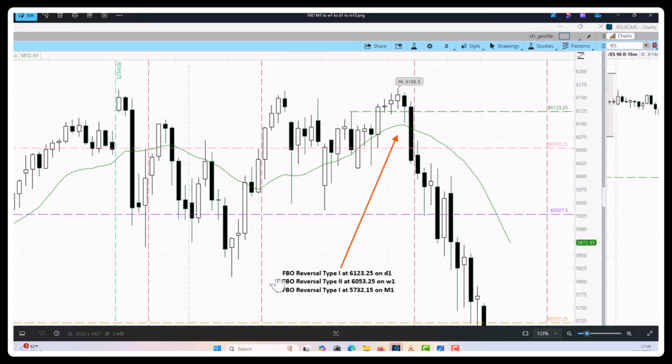So basically we summarize right here. For the daily, we see a 4 breakout type 1. For the weekly, a 4 breakout type 2. And then for the monthly, it's 4 breakout type 1.